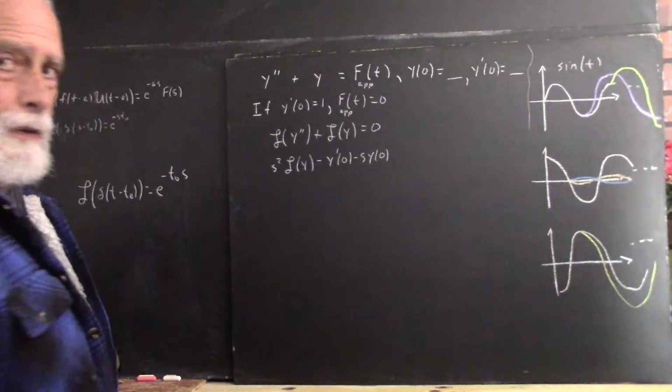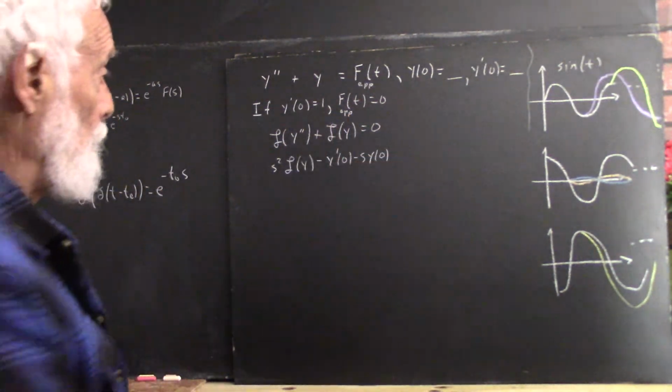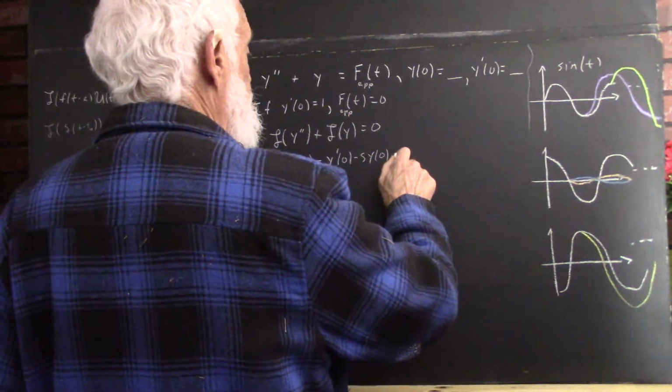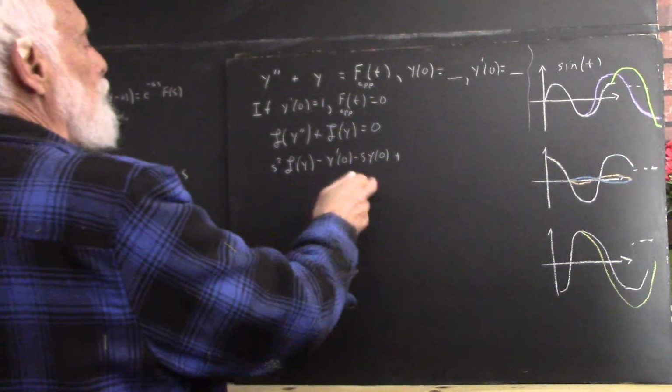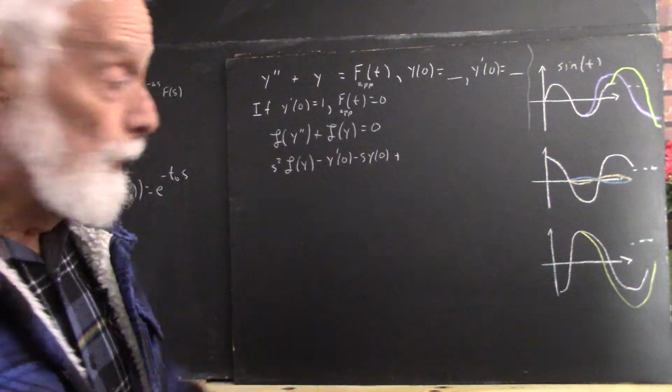And I'm assuming that we've done some of the basic work of Laplace transforms, so we know these things. But this is very easily derived by the definition of Laplace transform and a little integration by parts.